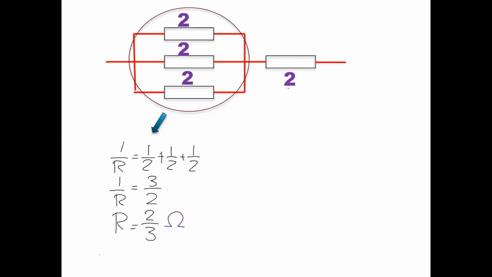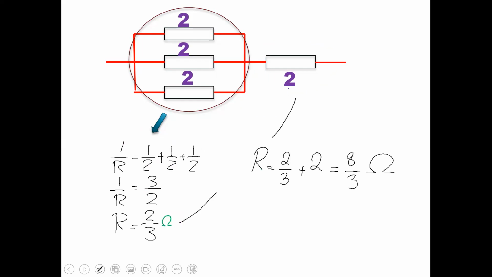The answer for the parallel combination is 2 upon 3 ohm. And if I take it in series with the 2 ohm, I'm getting 2 upon 3 plus 2, 8 upon 3 ohm in fraction. Yes. So look at this working.